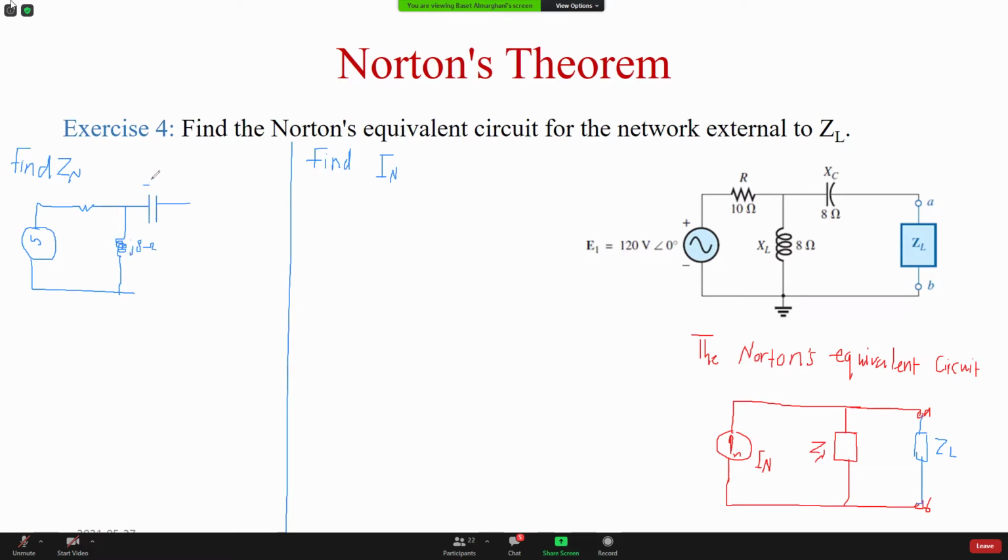This is minus J8 ohm. This is 10 ohm. This is 120 angle 0 volt. And those are the terminals. This is the circuit that I'm looking for equivalent for. A and B.